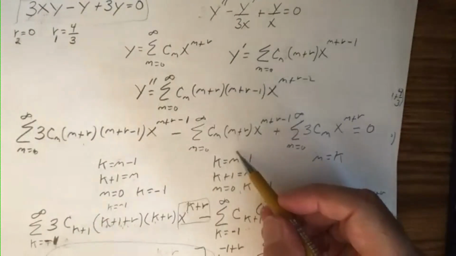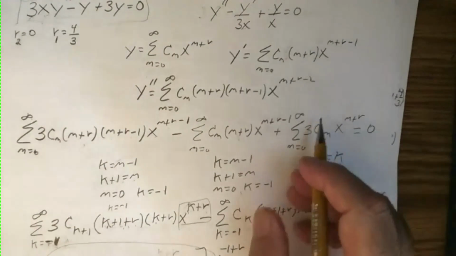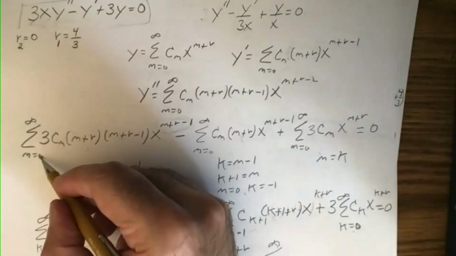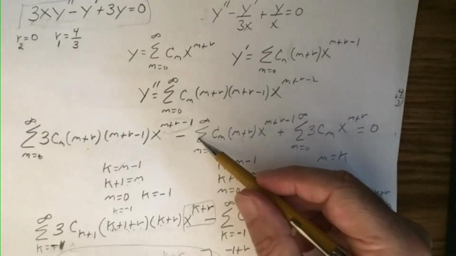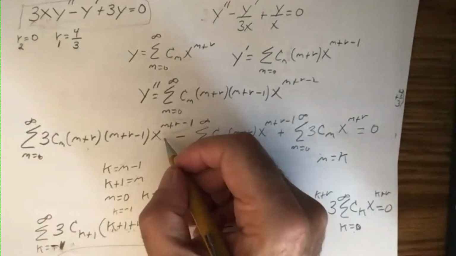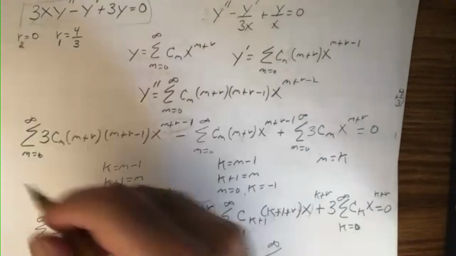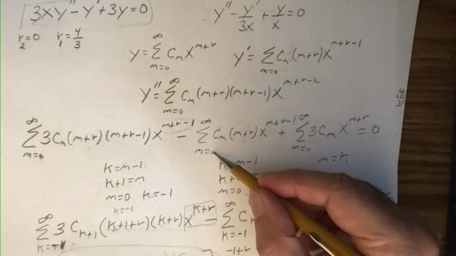Yes, this is from 0 to infinity. But what happened was, when I made this transformation, this started now with -1. So when I made this, I caused this to start at -1, and I caused this to start at -1.